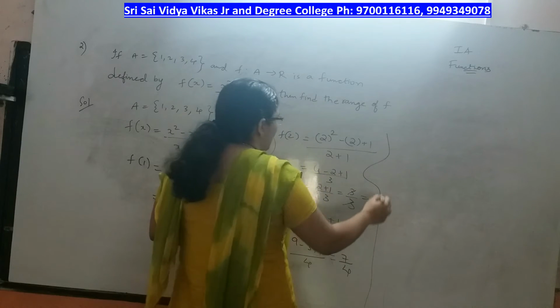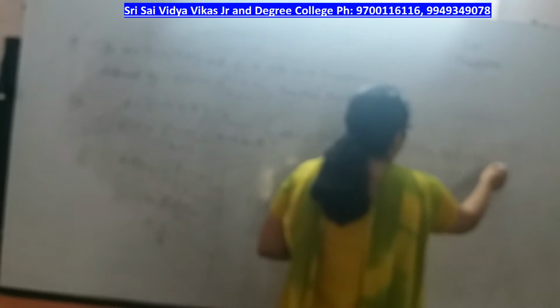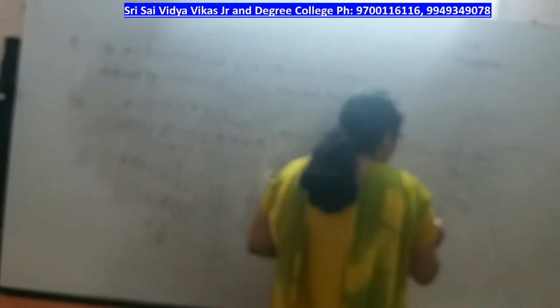Similarly, f of 4 is equal to 4 square minus 4 plus 1 by 4 plus 1. It is equal to 16 minus 4 plus 1 by 4 plus 1 is 5. 16 minus 4 is 12 plus 1, that is 13 by 5.